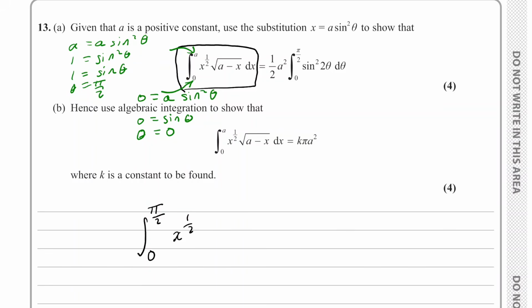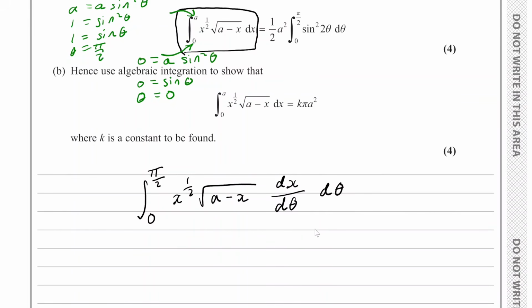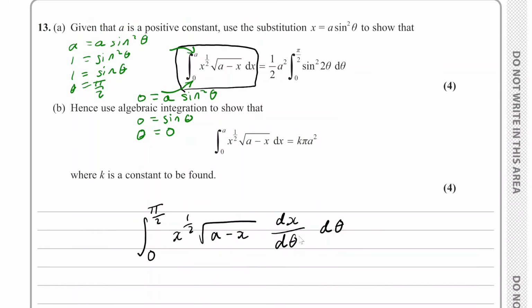And I'm going to leave x to the power of a half times the square root of a minus x. And instead of dx, I'm going to write dx d theta, d theta. We just need to work out what dx d theta is and substitute in for x.